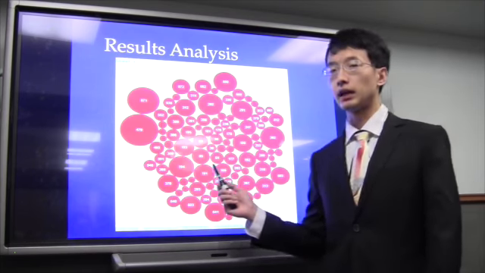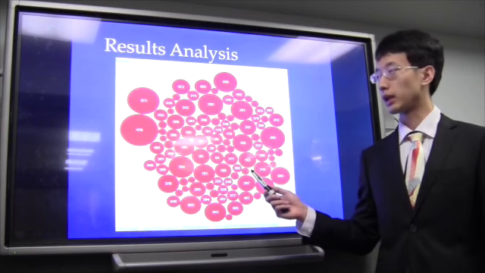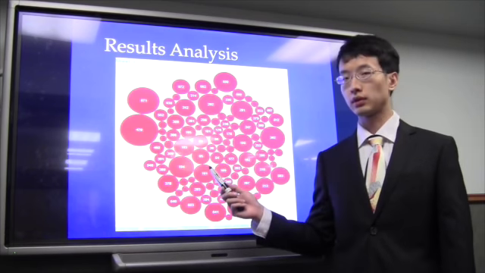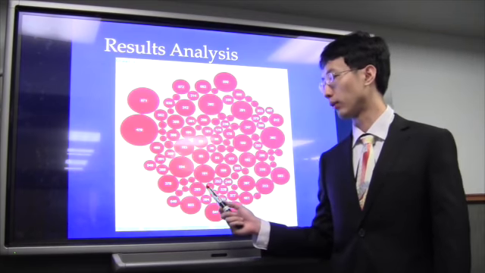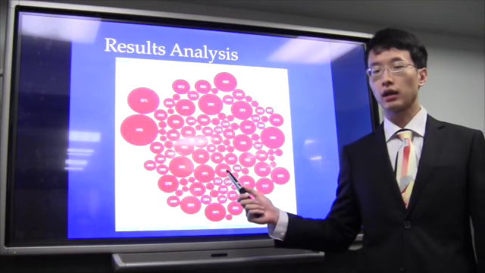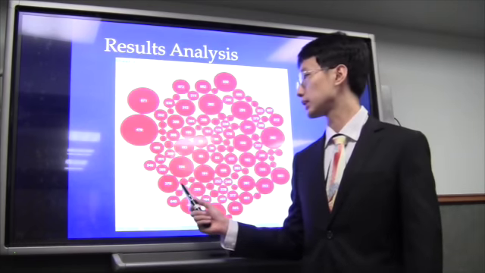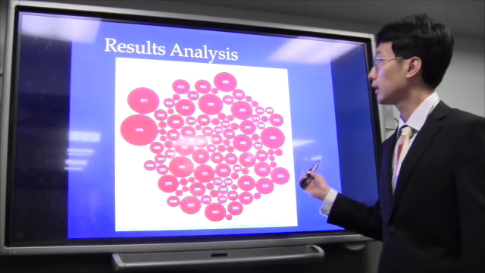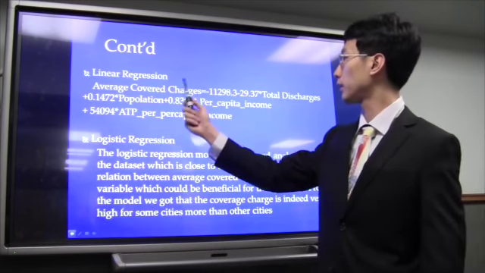With all the data we have, we can do all kinds of analysis, like we can know the difference among different states, and we also can know the average total payment versus average covered charges for a certain DRG in different states.